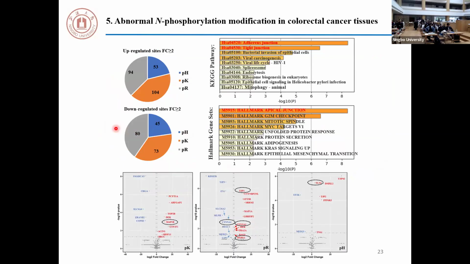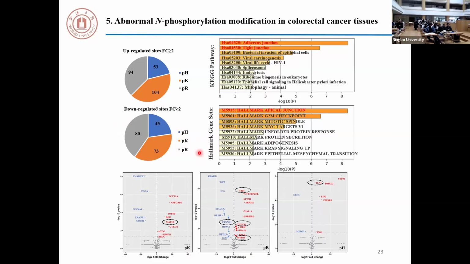This means nitrogen phosphorylation may be involved in tumors. The hallmark and KEGG enrichment analysis shows that these proteins are enriched in adherens junction, tight junction, and apical junction.